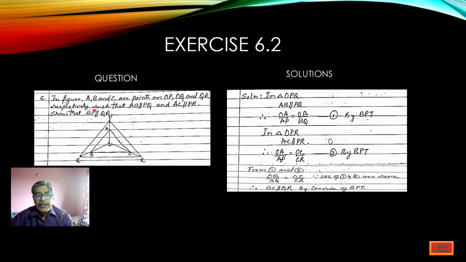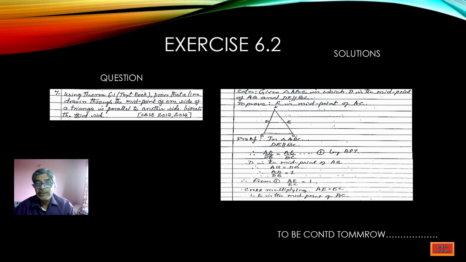Similarly, in triangle OPR, we have AC is parallel to PR, therefore OA by AP is equal to OC by CR by basic proportionality theorem. We will call it as 2. So from 1 and 2, OB by BQ is equal to OC by CR, and LHS of 1 and 2 are the same. Therefore, BC is parallel to QR by converse of basic proportionality theorem.